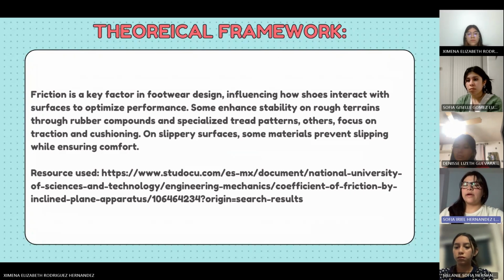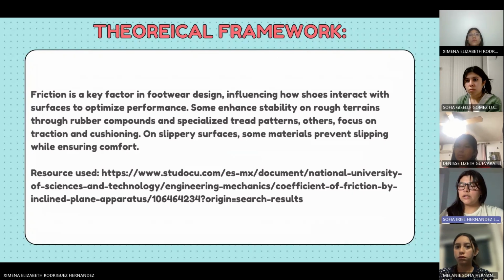For example, hiking boots or Crocs will not have the same coefficient of friction and will not act the same when a surface is dry or wet, as well as, for example, soccer shoes. They act very differently because they have little studs on the bottom to prevent sliding on the grass when the players are playing football.